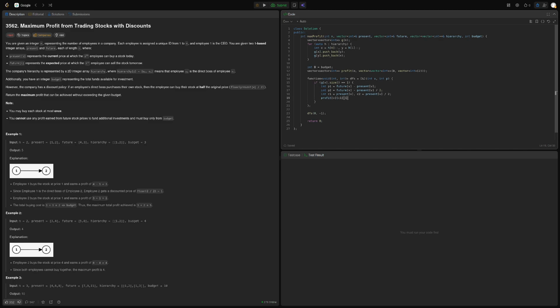So now if our parent didn't buy it, then the profit is equal to p1, profit[v], and if our parent did buy it, then our profit is the other profit, and we return, of course.